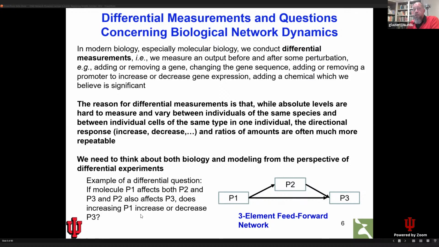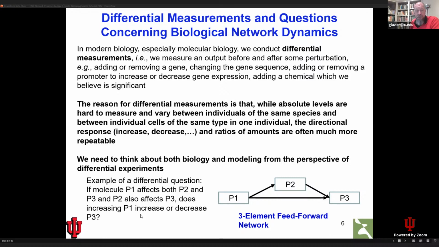And so instead, what we do is we do what are called perturbation experiments or differential experiments, where we will do an experiment, get the level of something, essentially in arbitrary units. Then we will make a change to the system and ask the question, did that level increase, decrease? At least at a semi-quantitative level, we'd say, did it increase a lot? Did it decrease a lot or a little?